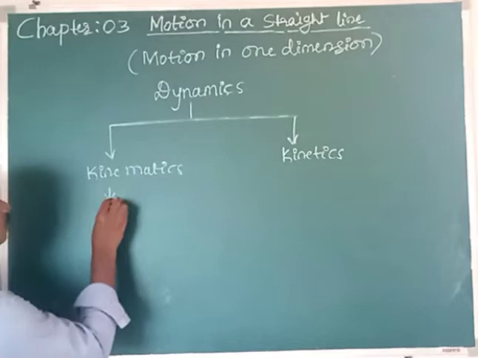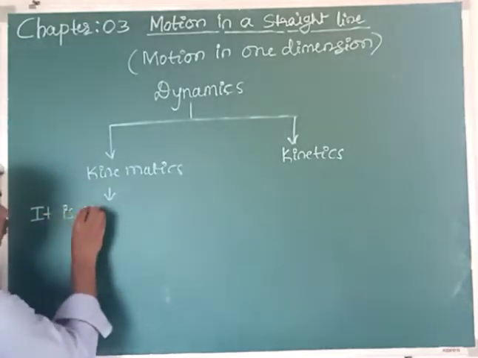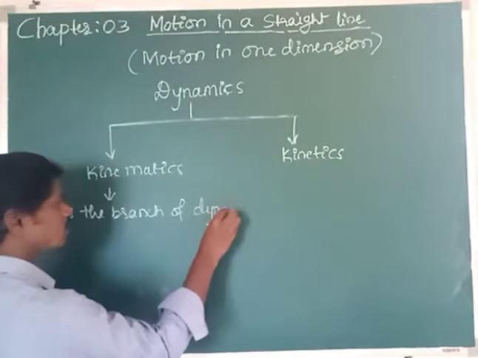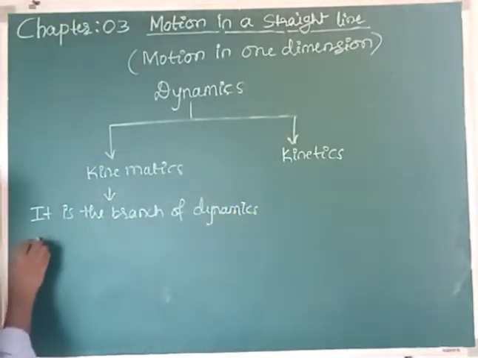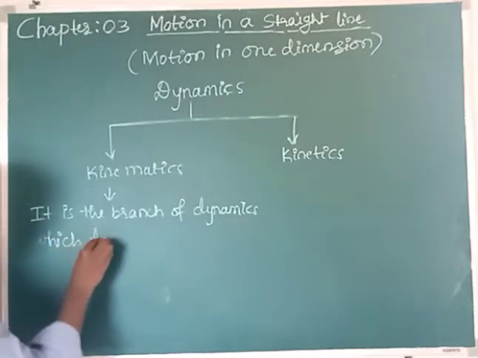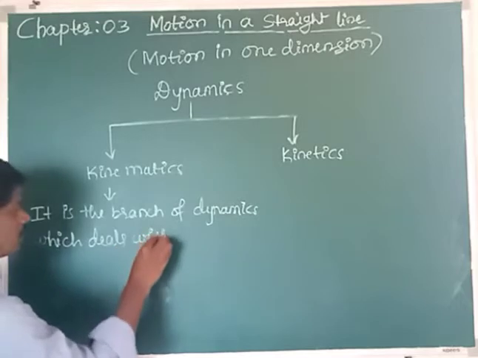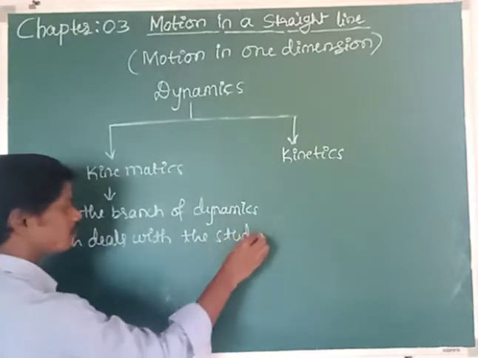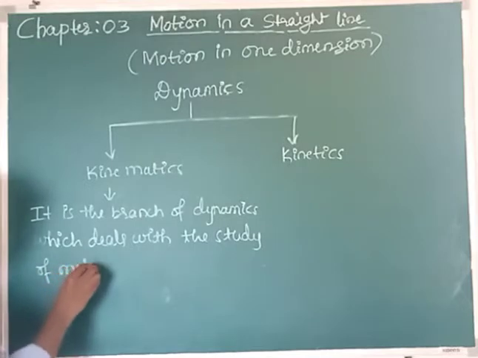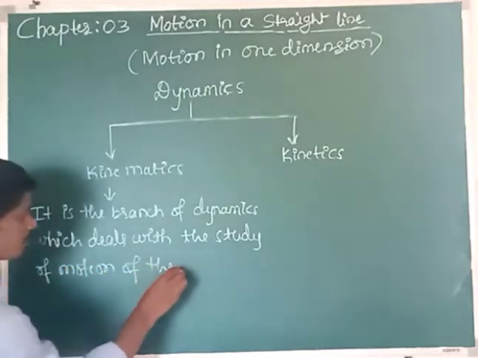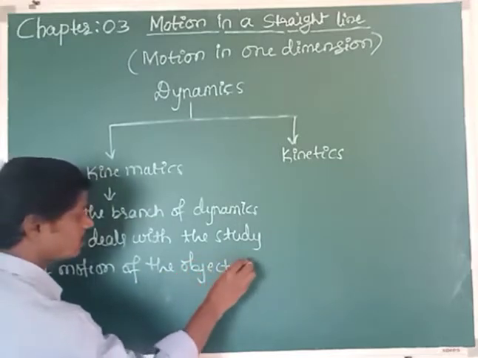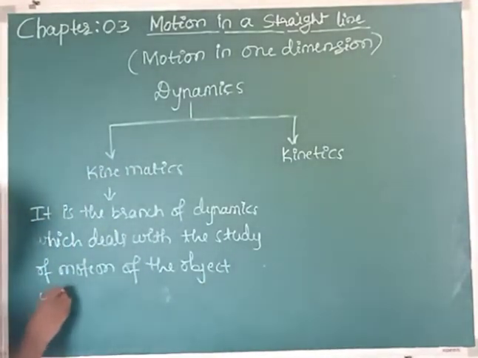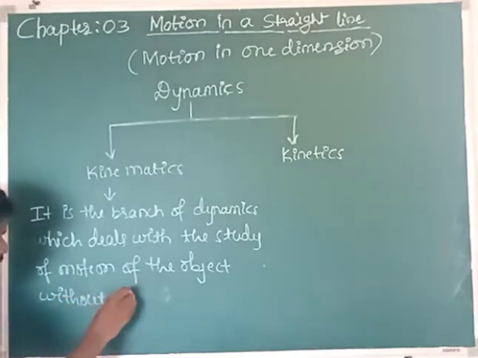What is kinematics? It is the branch of dynamics which deals with the study of motion of the object without considering, this is very important, without considering the cause of motion.